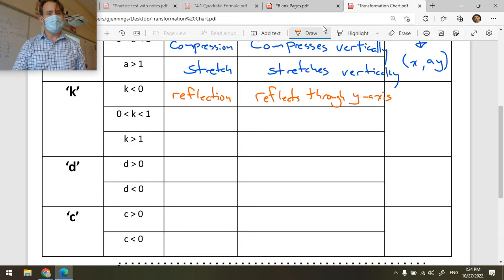Okay, if k is between 0 and 1, like k is a number like a half or something, this has the opposite effect of an A transformation, and it's operating horizontally. This is a stretch, and so this is a horizontal stretch.